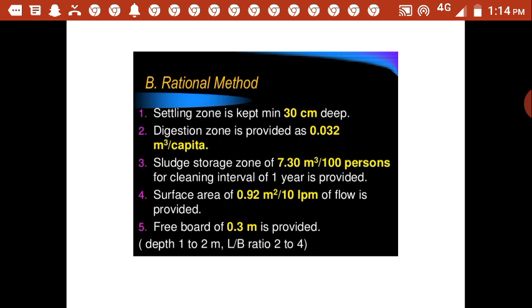Then freeboard of 0.3 meter is provided, with the depth of 1.2 meter and length to breadth in a 2:4 ratio. Of course, this is one more typical type of rational method of considering the design details of the septic tank.